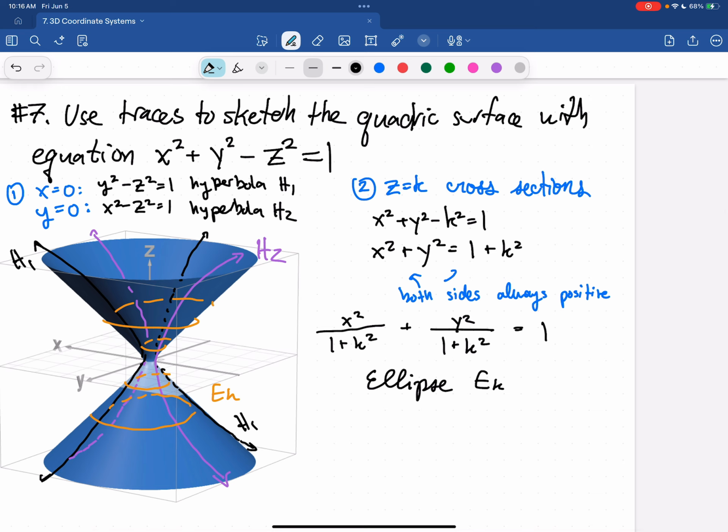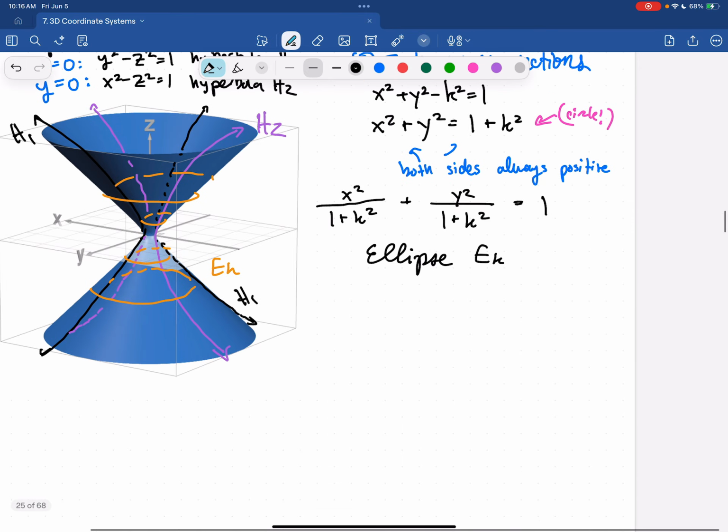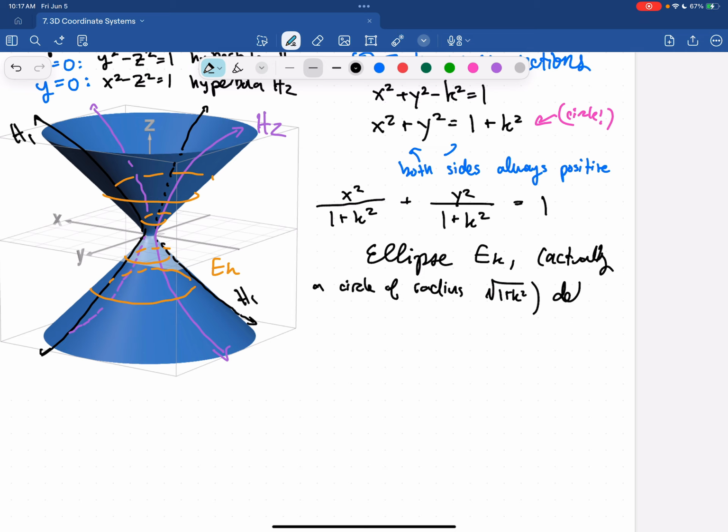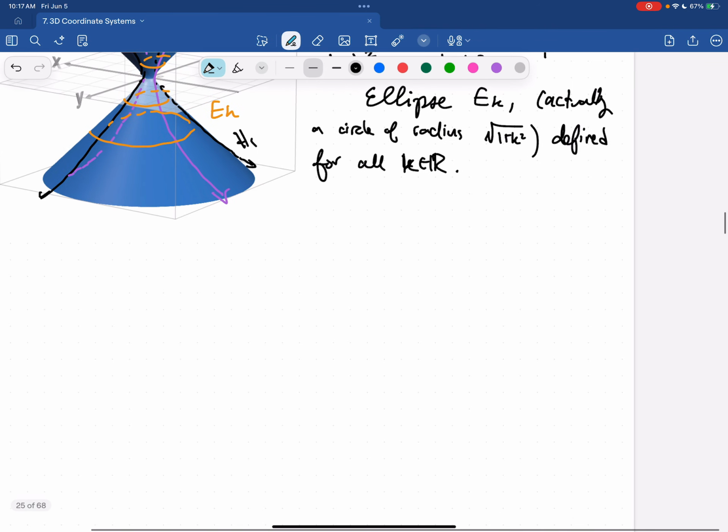In fact, even just from this step here, we can see that it's a circle of radius root 1 plus k squared, and it's defined for all k real numbers, which is awesome. And that's why we get this shape going forever in both up and down. There's no gaps in it. And that's all we need.